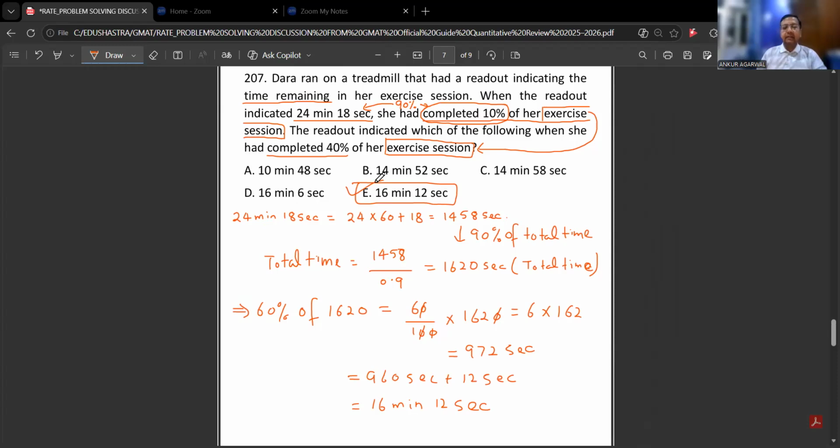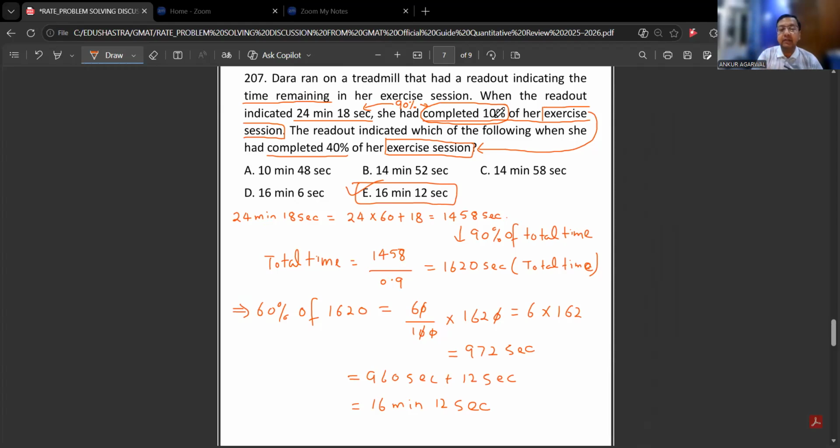So this is the way we solve questions, understanding the different concepts and key points, working sometimes in reverse order, because this is saying completed 10%. So we have to identify that if 10% is done, what is 90%, and then we simplify and solve the question.